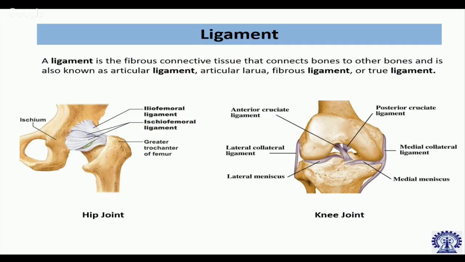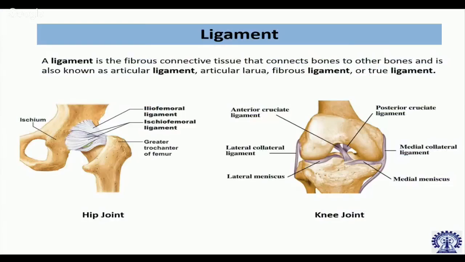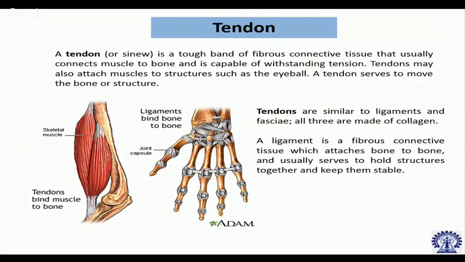So ligaments are very important players in the musculoskeletal system, and they connect bone to bone. And what connects muscle to bone? Tendons. So this is the essential difference between the function of tendon and ligament. A tendon is a tough band of fibrous connective tissue that usually connects muscle to bone and is capable of withstanding tension.